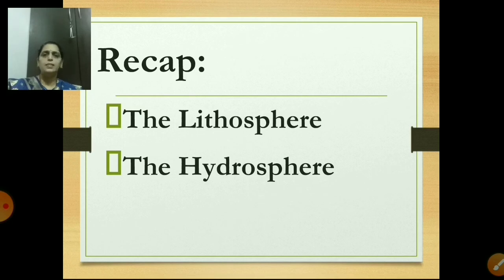Now the next is the hydrosphere. Hydrosphere means 2/3 of the Earth's surface is occupied by water. Now in it we have seen different forms of water bodies. Oceans. In ocean we have seen 5 oceans. Which were the 5 oceans?